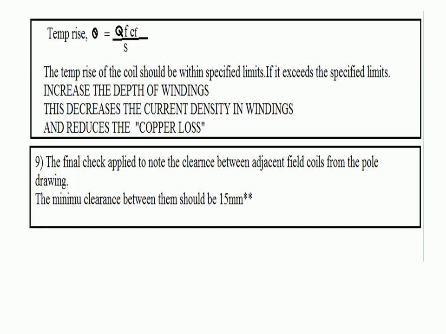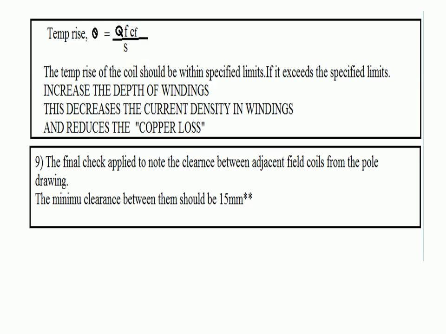After knowing the above parameters, you calculate the temperature rise. Temperature rise should be equal to QF CF divided by S. After estimation of the temperature rise, you have to take decisions. The temperature rise of the coil should be within specified limits. If it exceeds the specified limits, then the option is to increase the depth of winding.